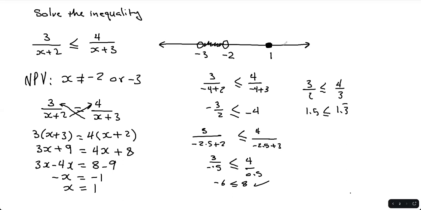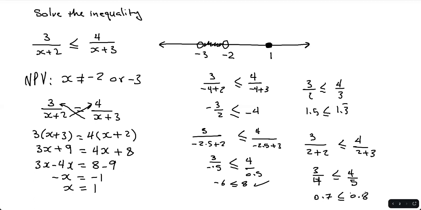Now let's take a number in this interval. Let's take 2. So you're going to get 3 over 2 plus 2 is less than or equal to 4 over 2 plus 3. That's going to give you 3/4 is less than 4 over 5. You know 3/4 is 0.75 and 4/5 is 0.8.